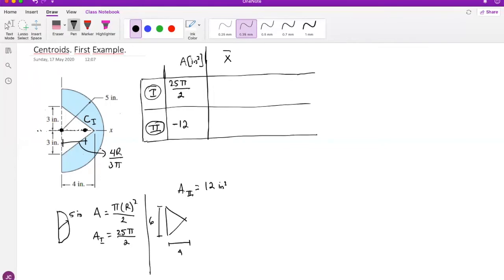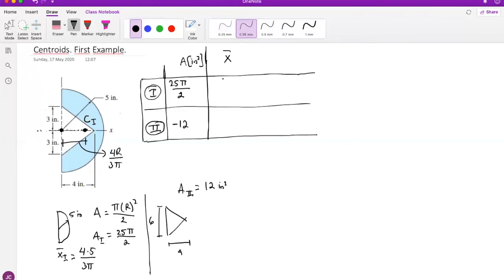That's a formula that will get you in the x direction, where you will find the C1. So x1 is 4 times 5 divided by 3 pi.